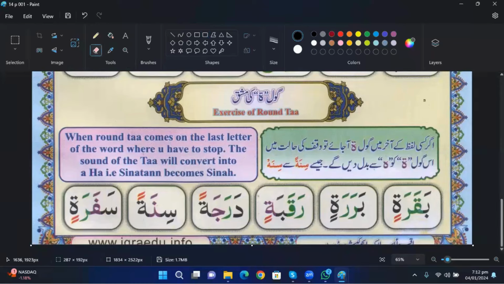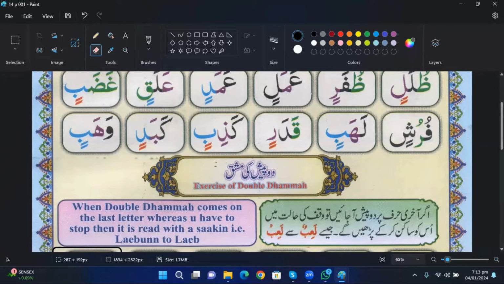And if there will be ikhfa or idgham ma'al gunna, so that will be read with nasal sound. For example, here's the letter that have double kasra at the end, so it will read qadarin.